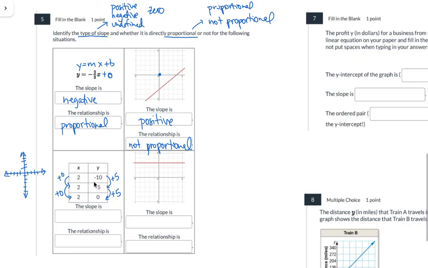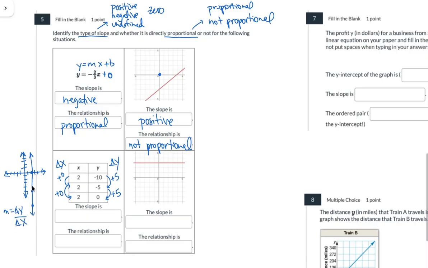2, negative 10 means I'm going to go to the right 2, and I'm going to go down 10, all right? Well, then I have 2, negative 5. I'm going to go over 2, and I'm going to go down 5. Again, this might not be to scale. Then I'm going to say I'm going to go over 2 and stay on the x-axis. Well, this is a vertical line, okay? And if I were to look at my change in y over the change in x, right, with my jumps, I need to know that my slope is change in y over change in x.